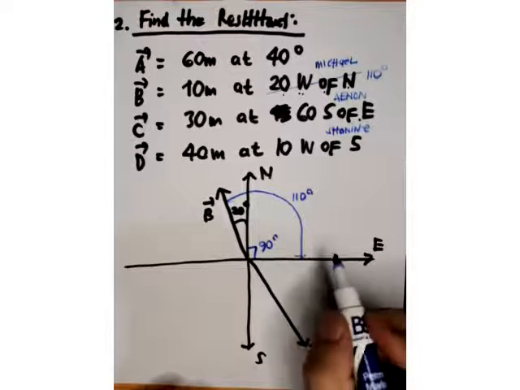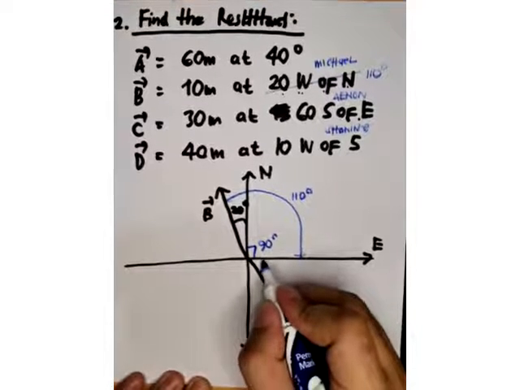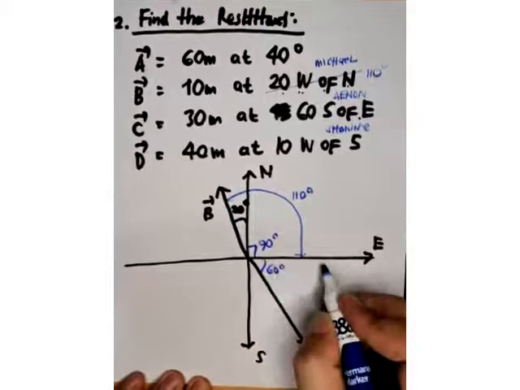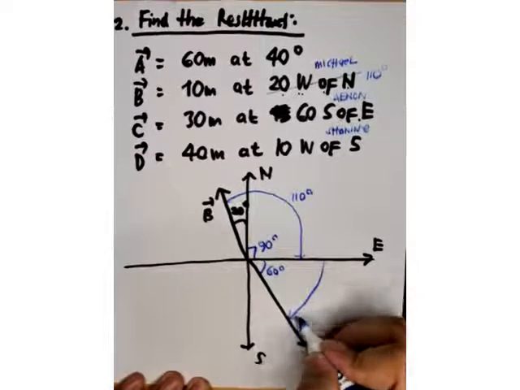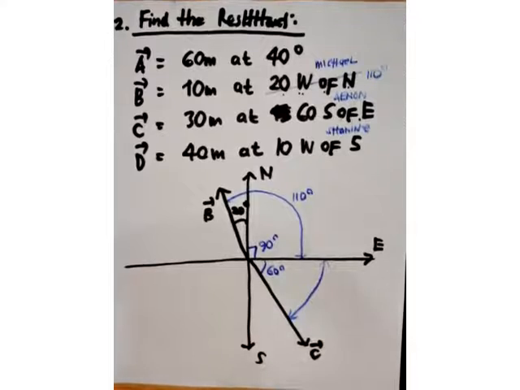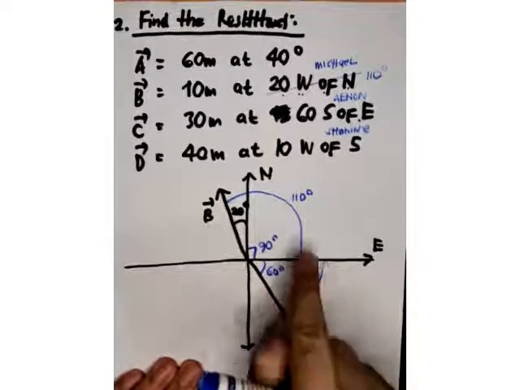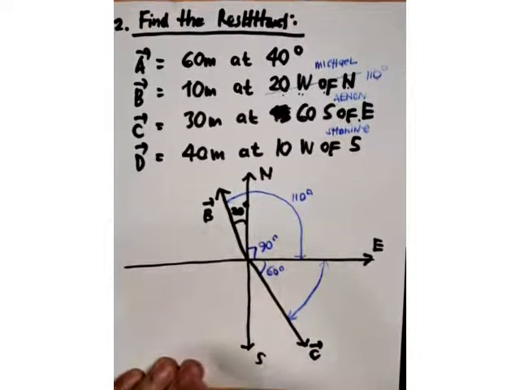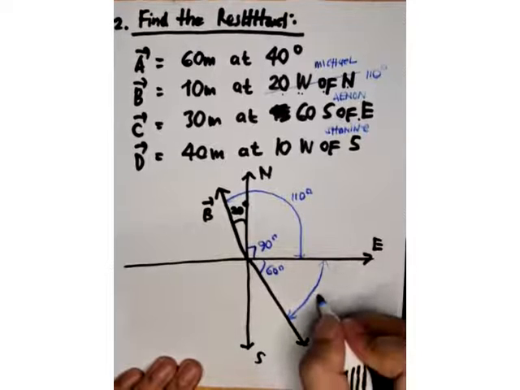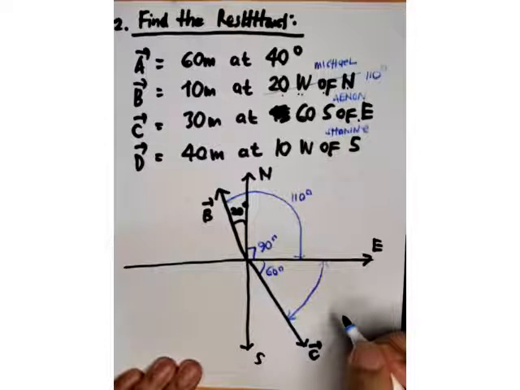Di ba ito na yung X? So, anong angle ba to? Di ba angle nito ay 60 degrees? So, that is still 60. Pero, look at the direction. It is clockwise. So, therefore, what do you think?